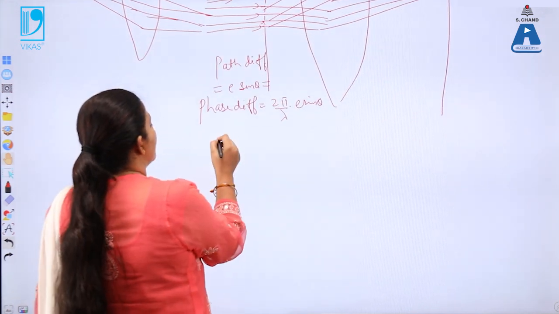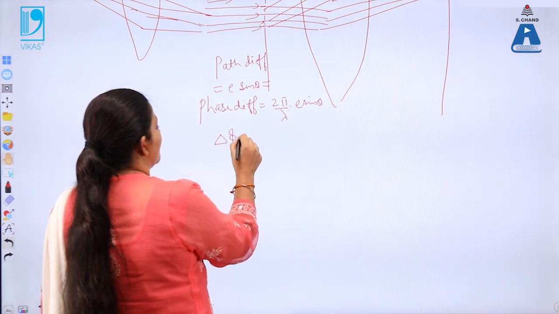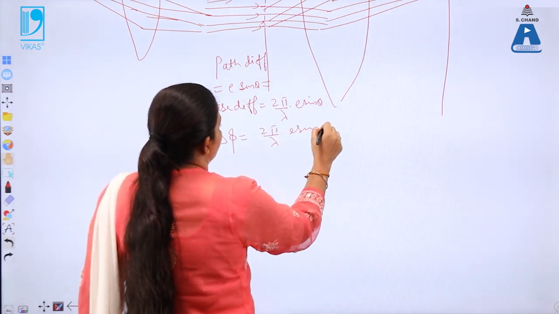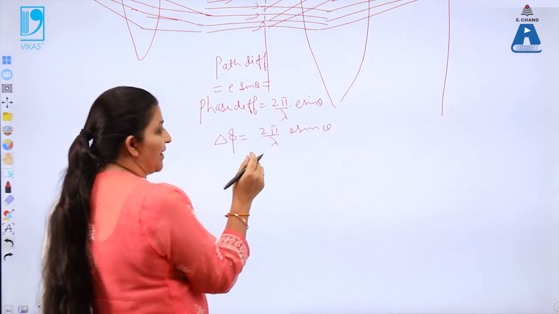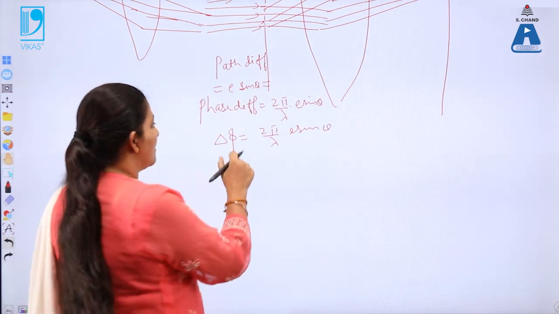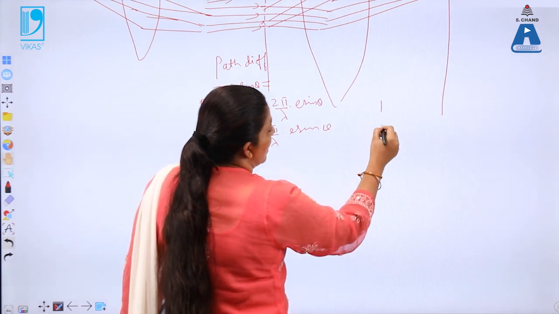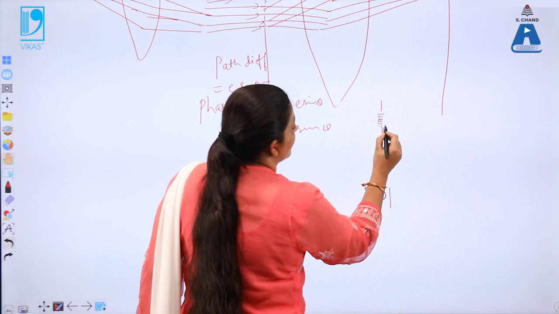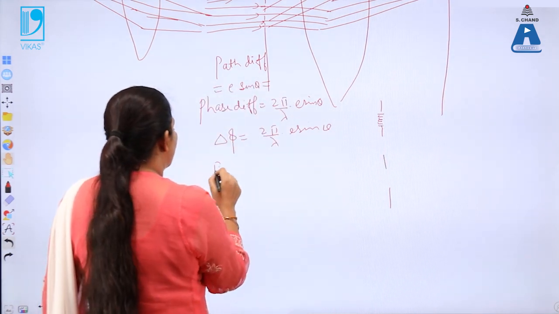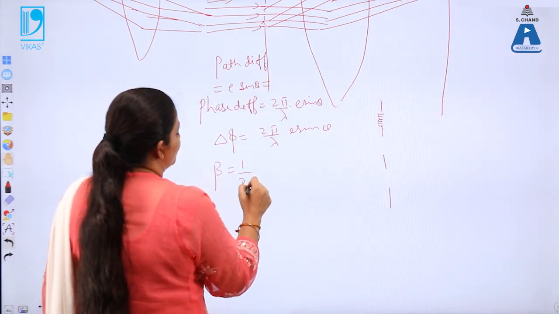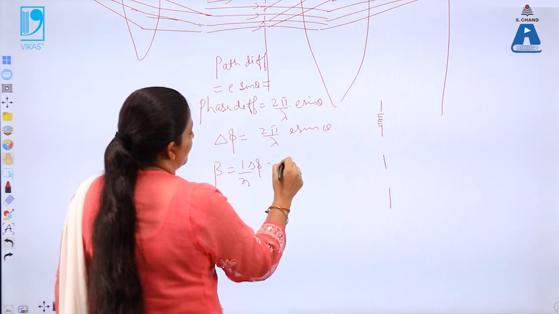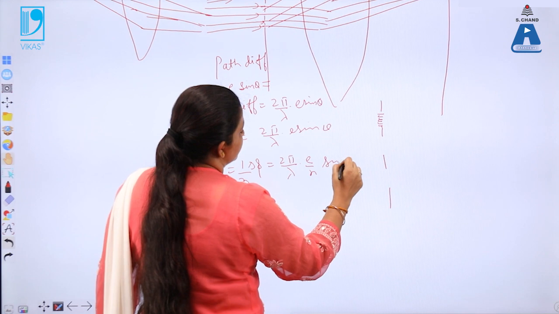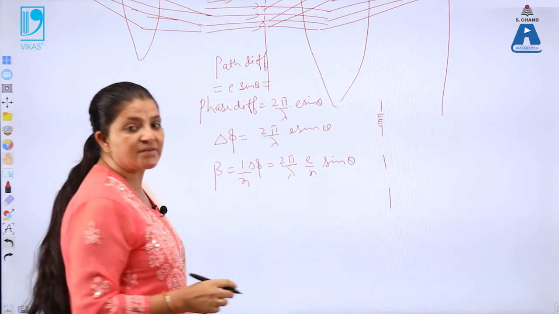So the total phase difference phi is 2 pi by lambda into e sin theta, and on dividing this single slit into small n number of parts, the phase difference beta becomes 1 by n into delta phi. Then we get 2 pi by lambda e by n into sin theta. So that will be the phase difference.